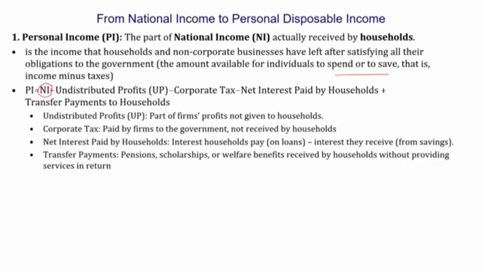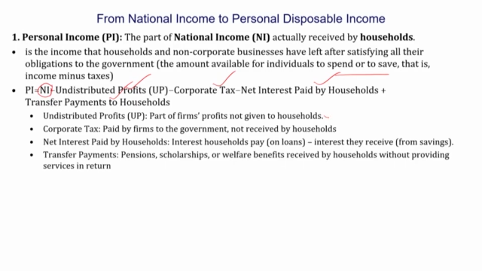That means the net GNI or net GNP, minus undistributed profits, minus corporate tax, minus net interest paid by households, plus transfer payments to households. The undistributed profits means the part of a firm's profit not given to the households.